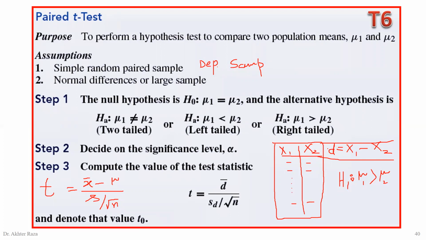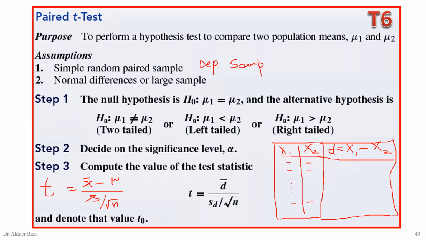That column is the differences. The mean of D is needed. The mean of D will be the mean of this column, so you can calculate it by adding all the values of D and dividing by n. So D bar will be computed. Similarly, the standard deviation of these differences will be computed. So two descriptive measures are needed.